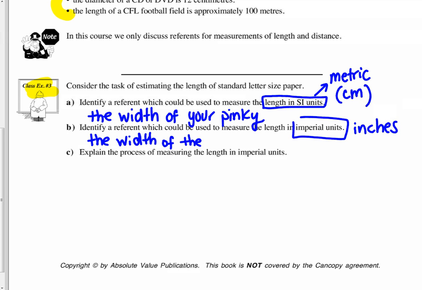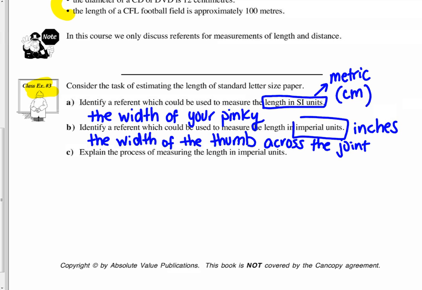Now we know that standard paper size is 8.5 by 11. 11 inches is the length of your paper. If you want to check, you can count how many thumb widths across.